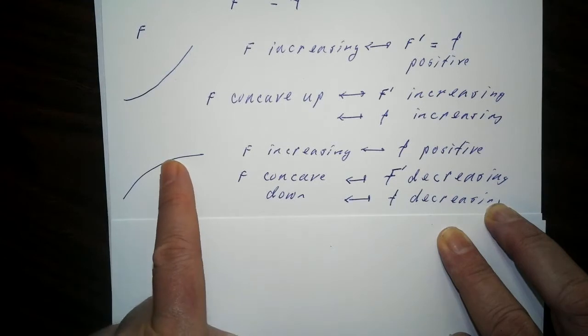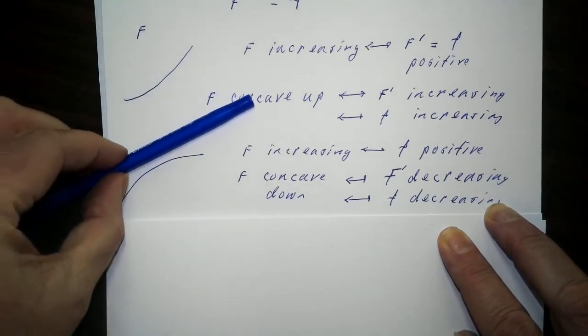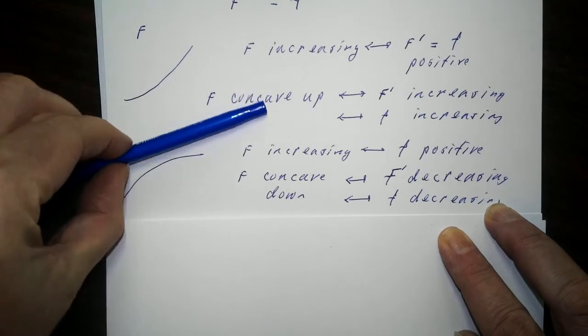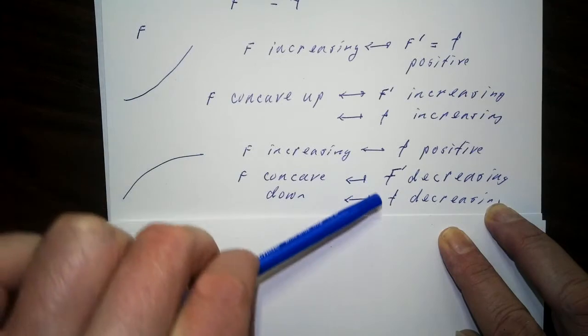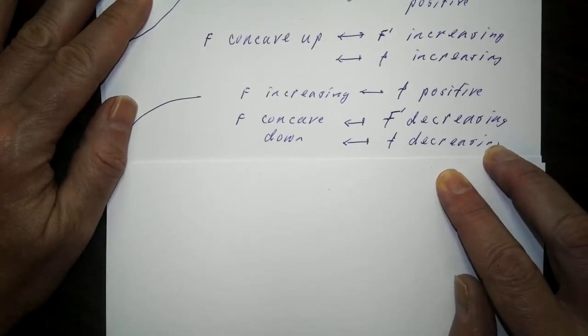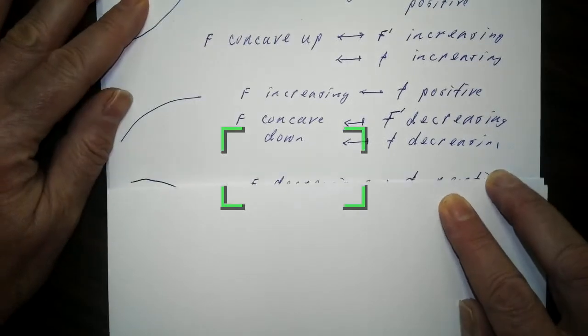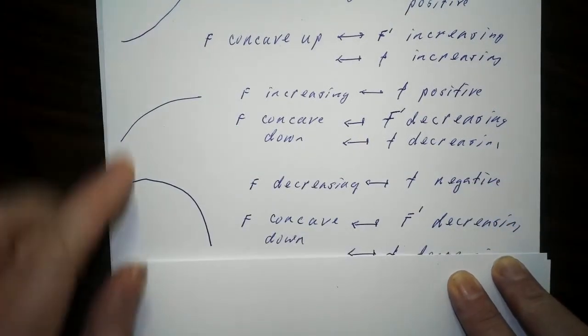Capital F is concave down. As I move from left to right, my slopes are positive, but are becoming less positive. So capital F prime is becoming less positive, so it is decreasing, but capital F prime is little f, so little f has to be decreasing. Here's another example.